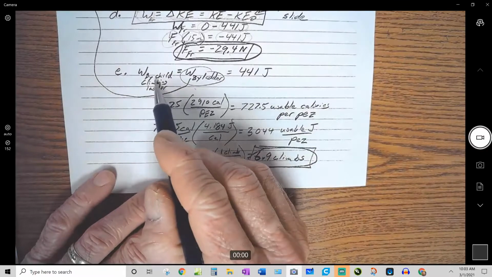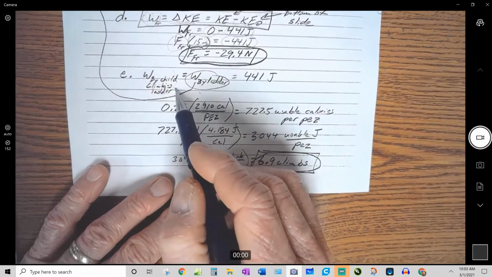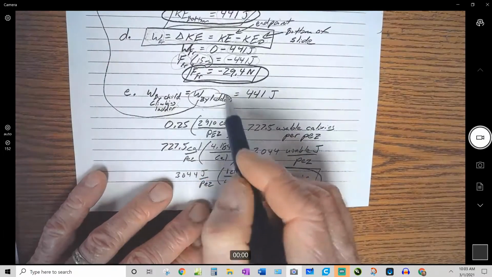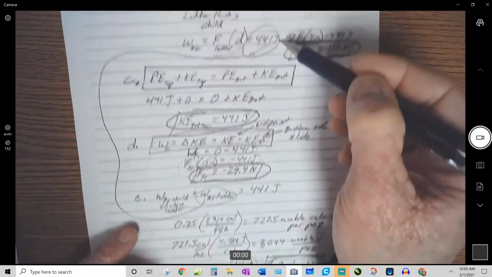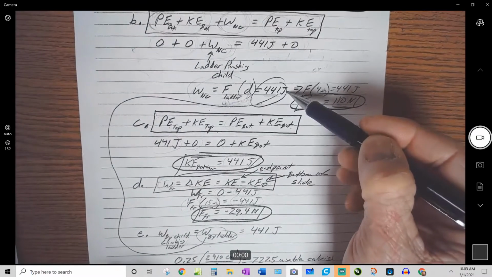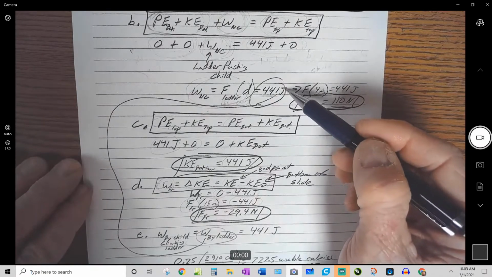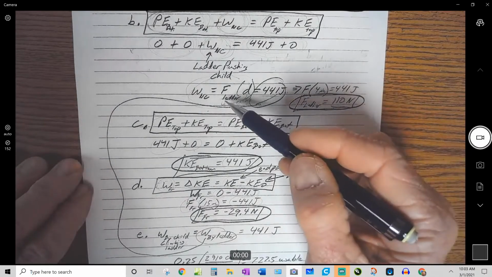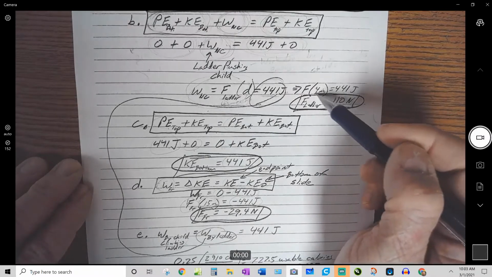So here's what I did. I said the work done by the child climbing the ladder is equal to the work done by the ladder on the child, and we already did that in part B up here. This was the work done by the ladder applying a force of 110 newtons over a distance of 4 meters.